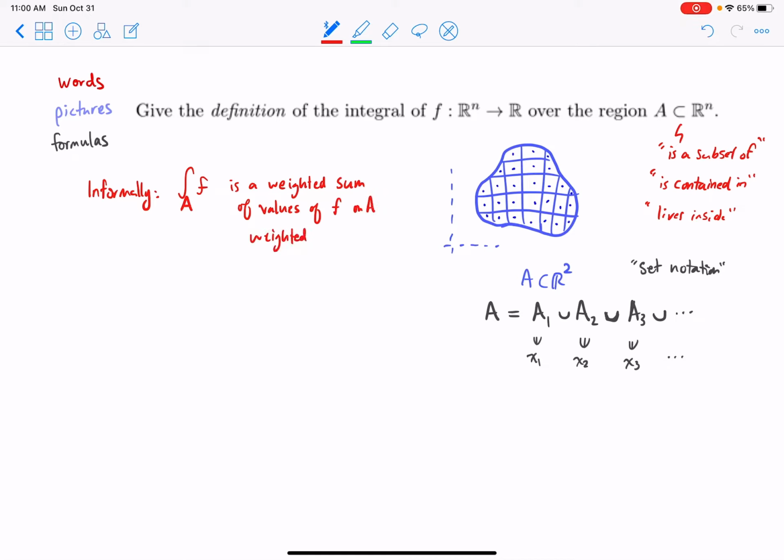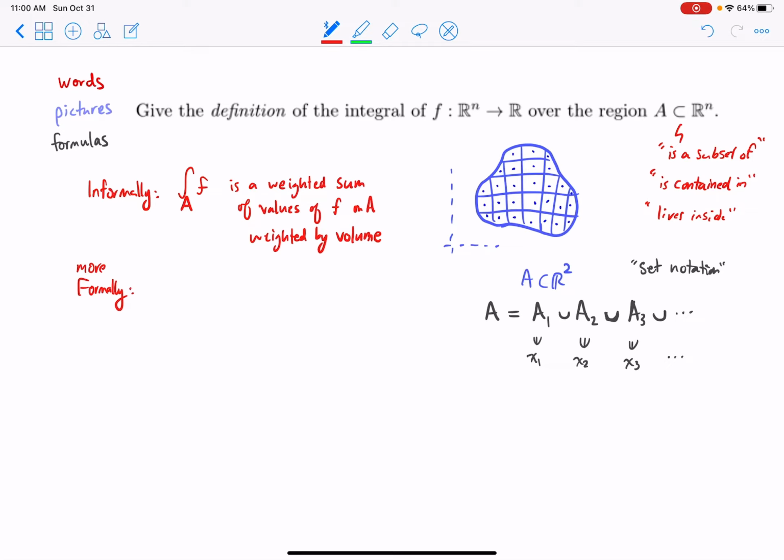Well, weighted by volume. So if A has bigger volume, this number will be a bigger number. If f has larger values, this number will be a bigger number. So it's a combination of the volume of the set A and the values of the function f when we plug in the points on A.